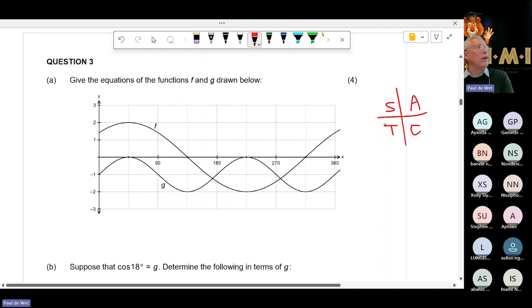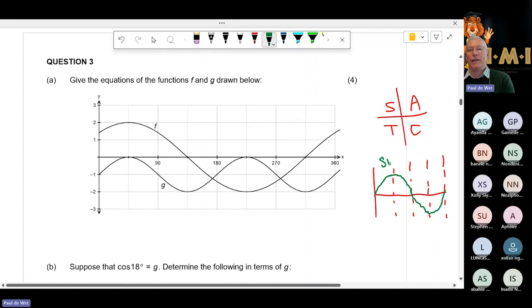This here, the cast diagram, can help me remember, because remember that the cast diagram's in 4 quadrants. Is sine positive or negative at the beginning of its life? Positive. And then in the second quadrant, is it positive or negative? Positive. In the third quadrant, negative. And in the fourth quadrant, negative.